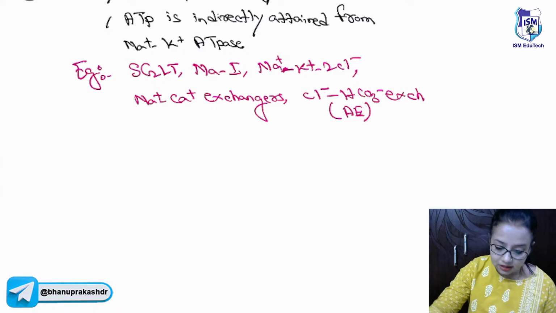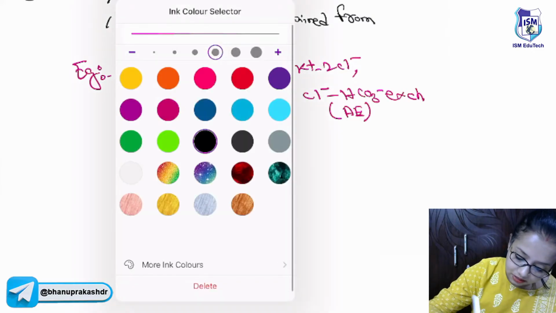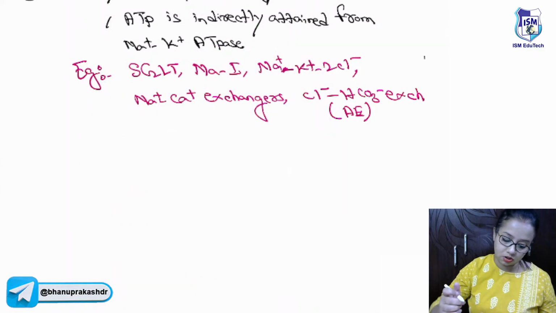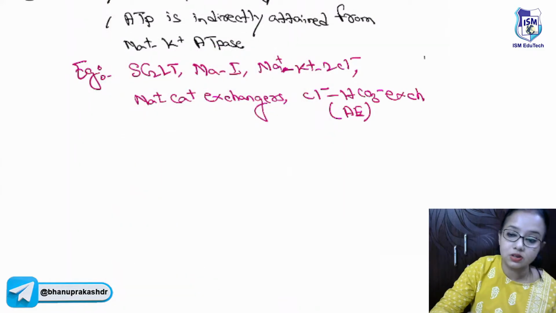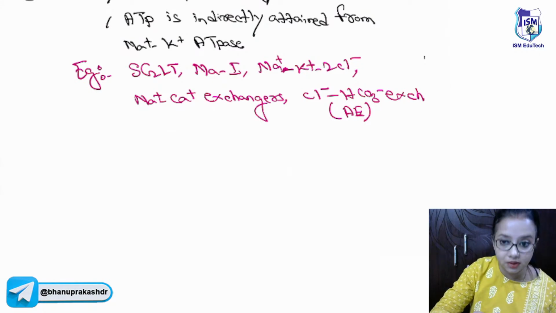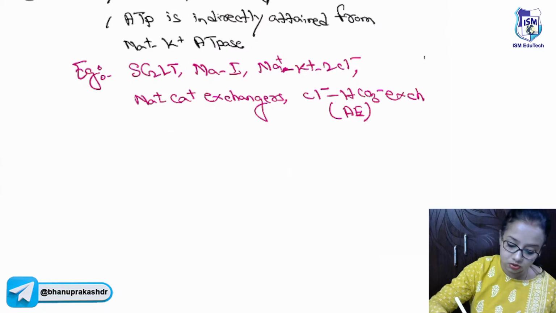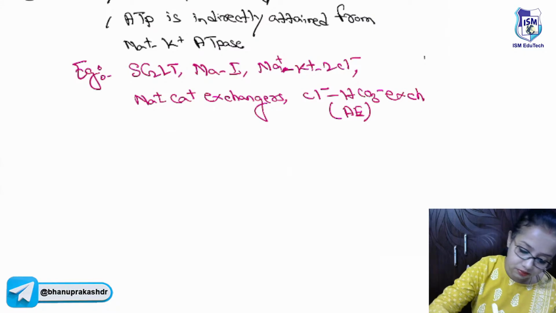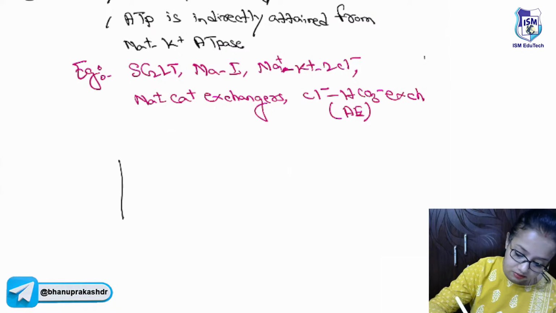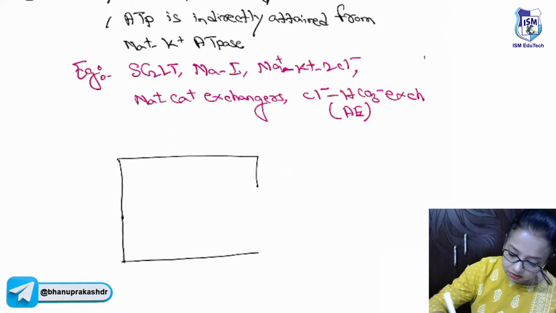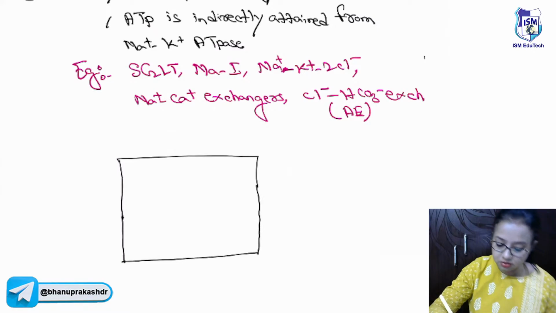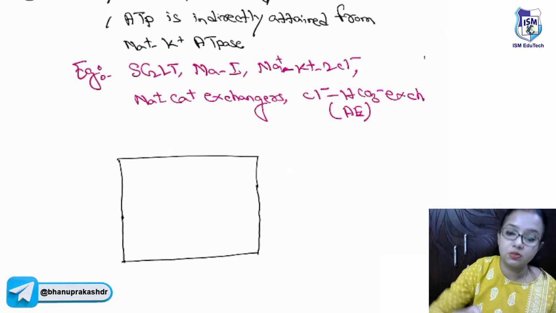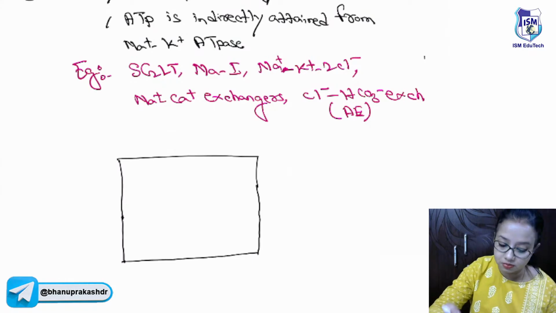Okay. Now, for our understanding purpose, let's draw the sodium glucose co-transporter. It is most abundant in the renal tubules, specifically in the proximal convoluted tubules. So, if we are drawing this one, just for our understanding purpose, say this is one proximal convoluted tubule cell.